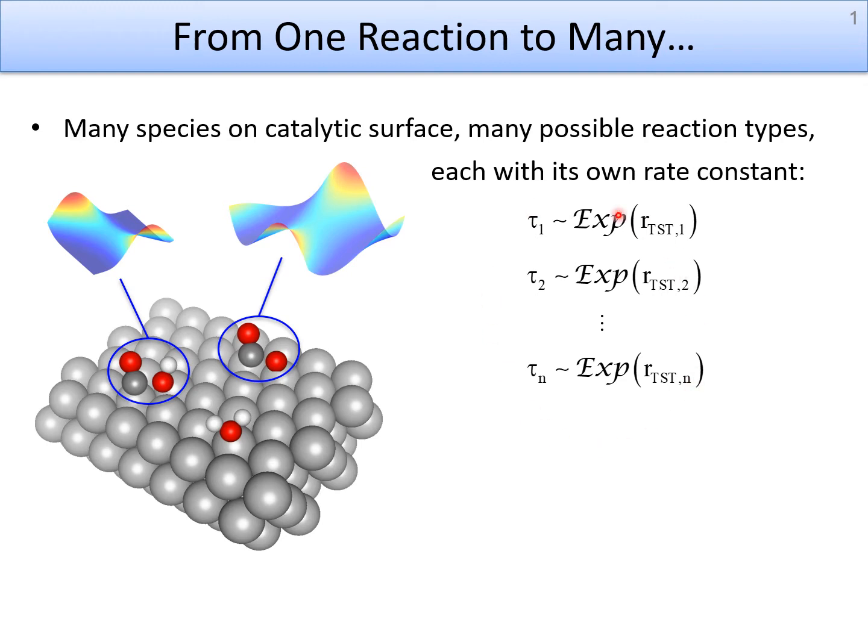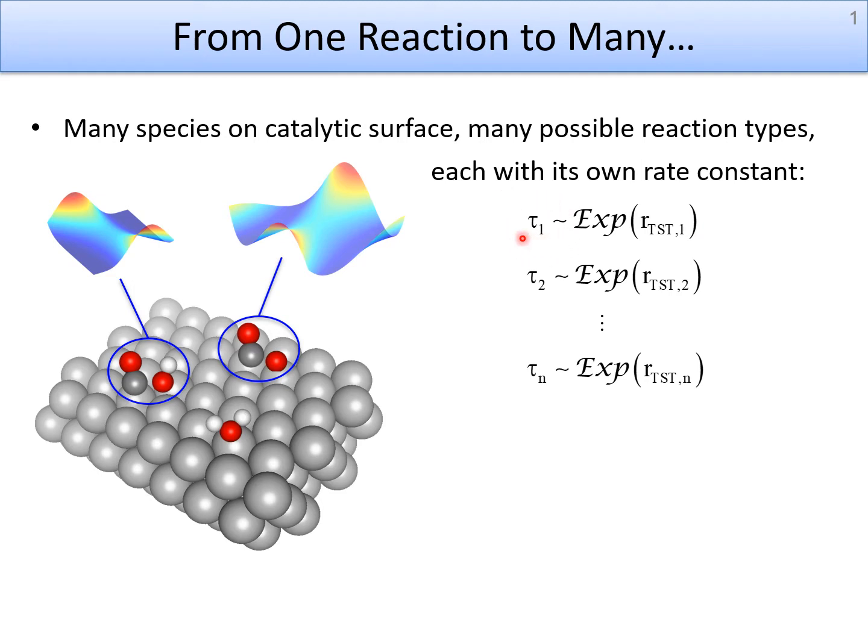And what I can do is calculate exponentially distributed random times for every one of these reaction events that are possible on the catalytic surface. So this tau1 is an exponentially distributed variable that follows this rate constant, and it gives me the time that the first reaction may happen.